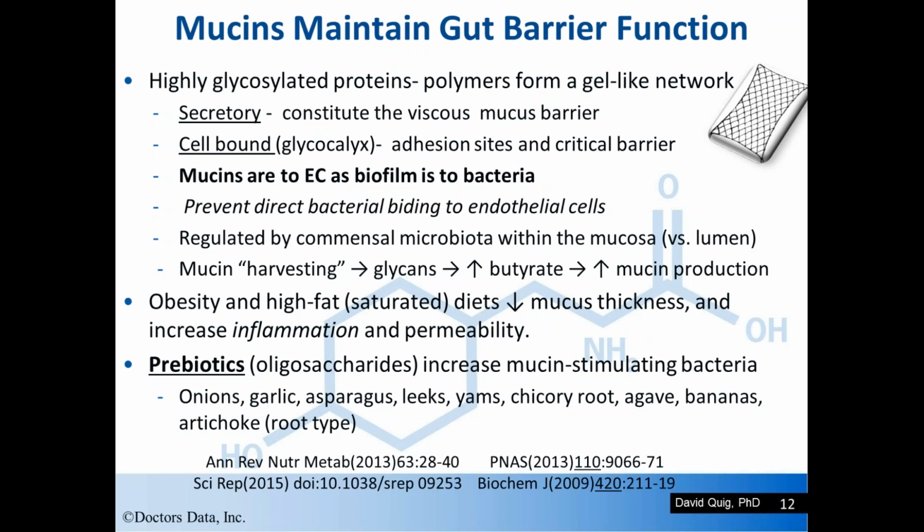These prebiotics, and I'm very much a food person, can be obtained from foods like onions, garlic, asparagus, and leeks, foods that children just love to eat, as well as yams, chicory root, agave, bananas, and the root type Jerusalem artichoke.